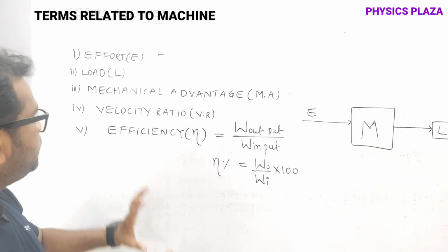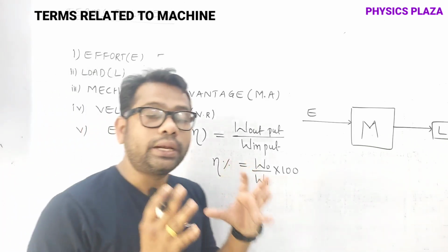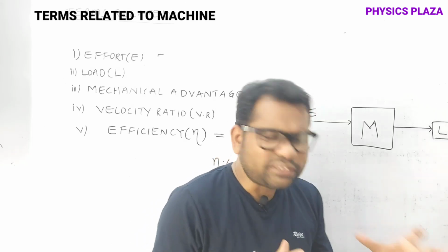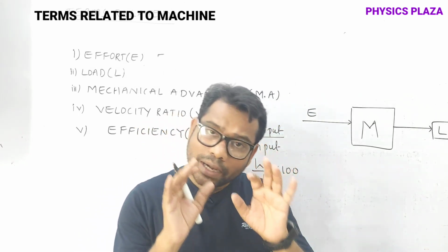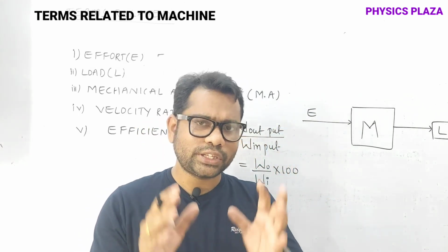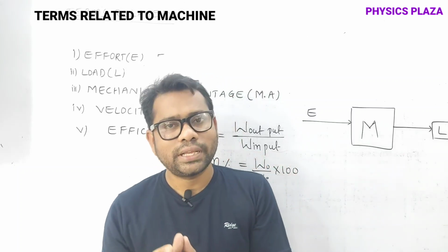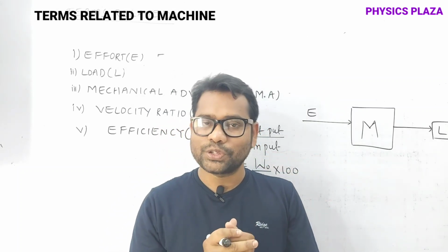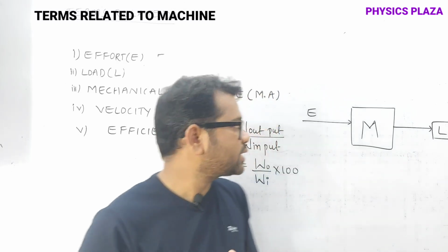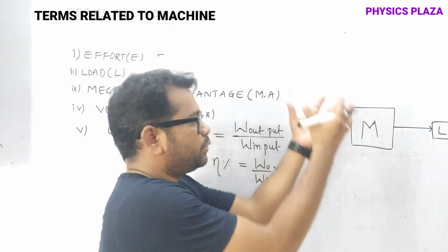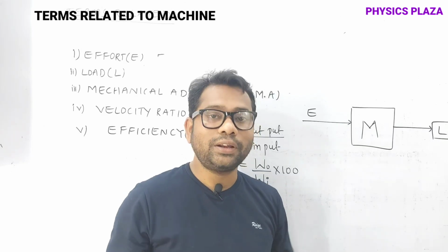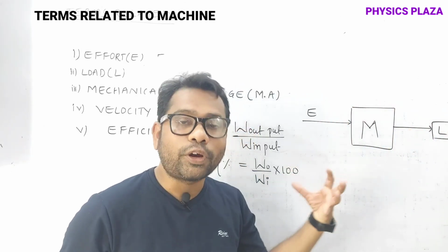So these are the very important terms related to the machine. Clear? Fine, children. Now what is the principle of machine? Let us talk about the ideal case. Mostly, children, in this chapter 99% of the time we will be talking about ideal cases, as practical cases are very few. In an ideal case, we expect that the same work will be obtained, that is, work output is equal to work input.